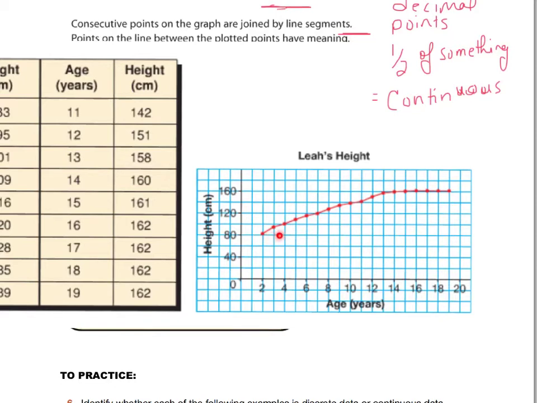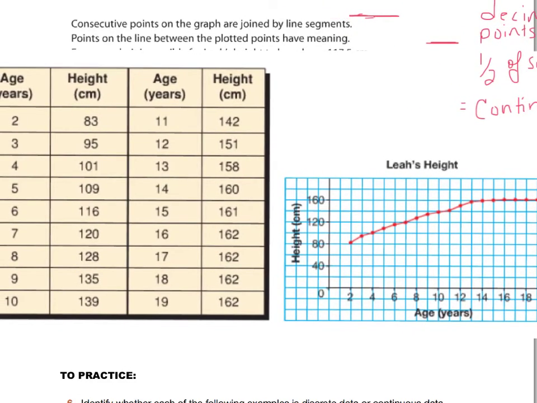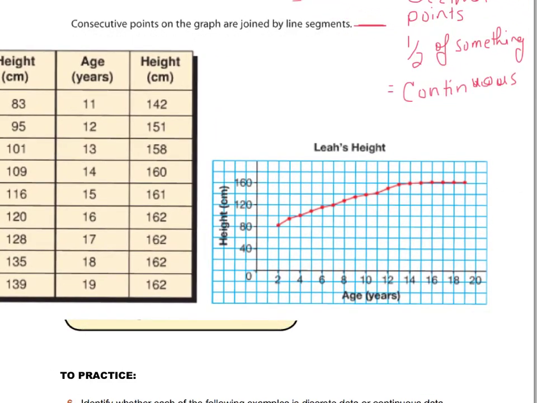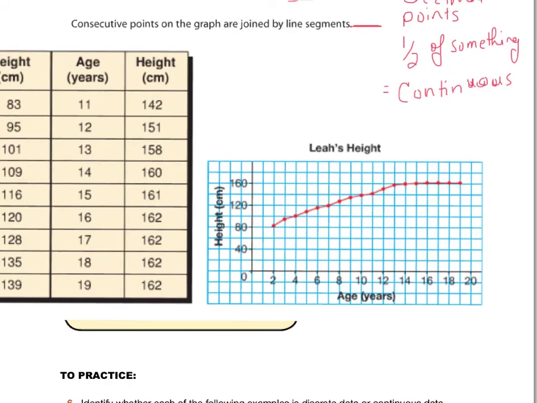We could infer that she had grown her most by the looks of it. Let's just look carefully here. Yep, she's grown the most between the ages of 2 and 3 with a growth of approximately 10 centimeters, a little bit less, maybe 9 centimeters from looking at those points.